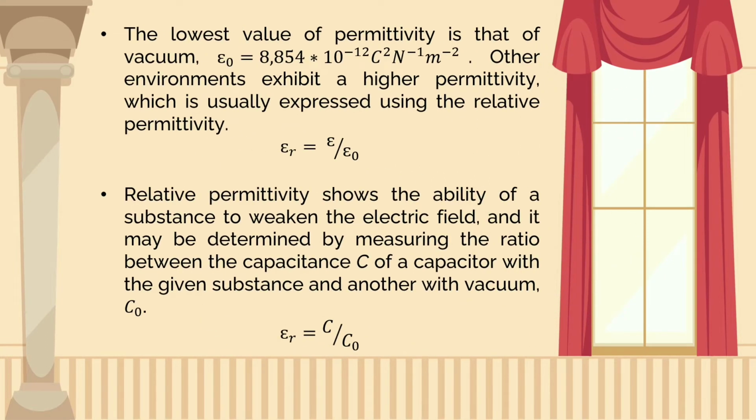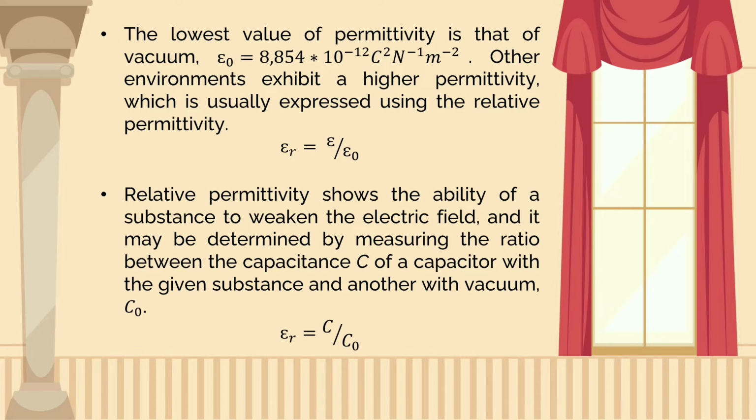The lowest value of permittivity is that of vacuum, epsilon 0, equal to 8.854 times 10 to the power of minus 12 C squared N to the power minus 1 m to the power minus 2.